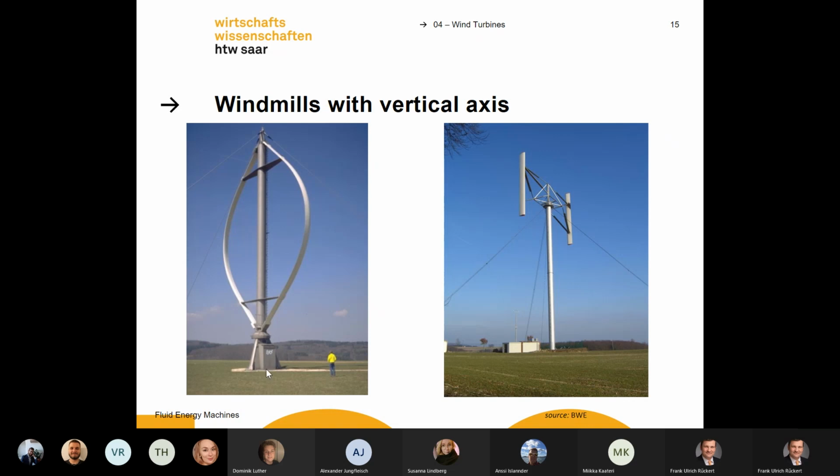That makes maintenance much easier. They're not as efficient as the normal windmills we know. I also want to mention we just finished a PhD thesis of a student of mine about these vertical axis windmills. So there's still research in this field and a lot of interesting topics.